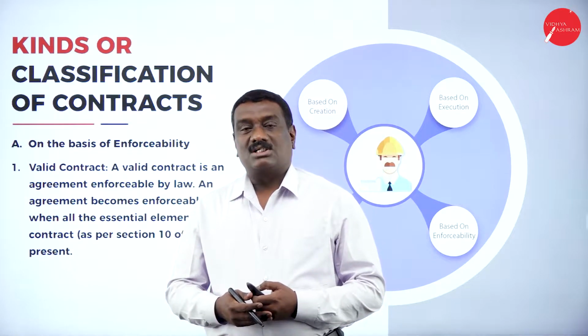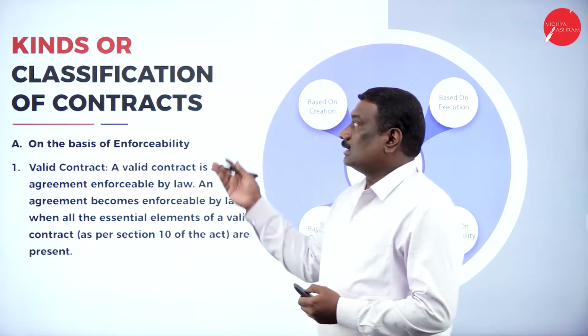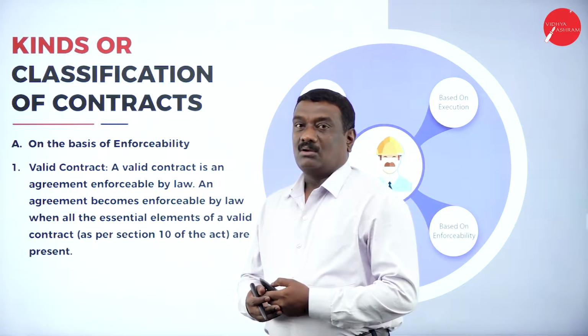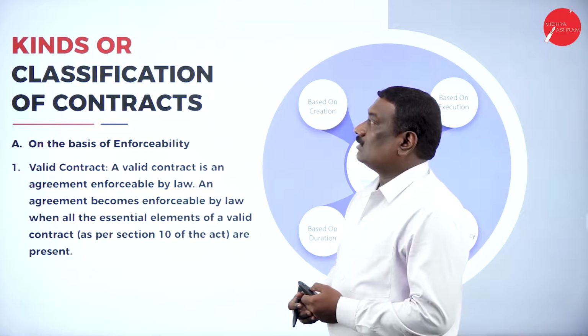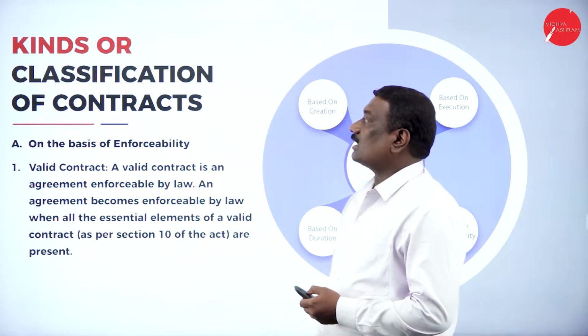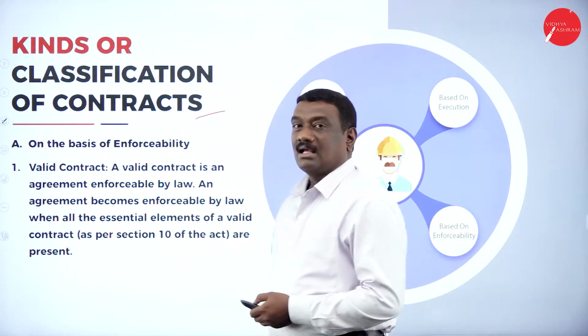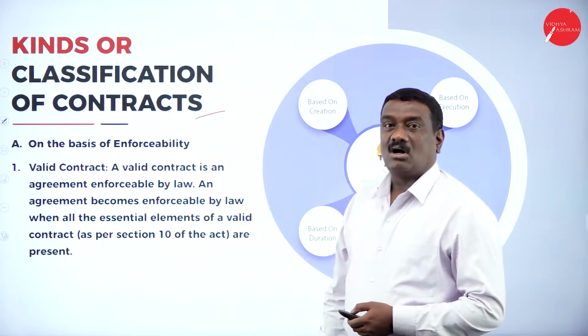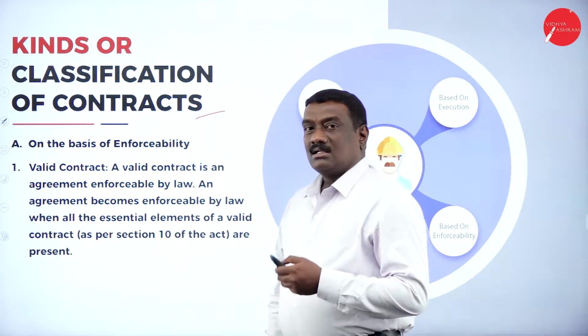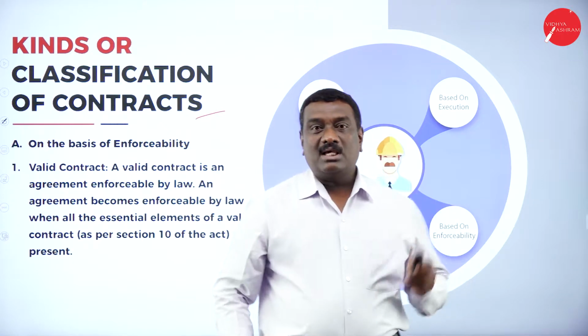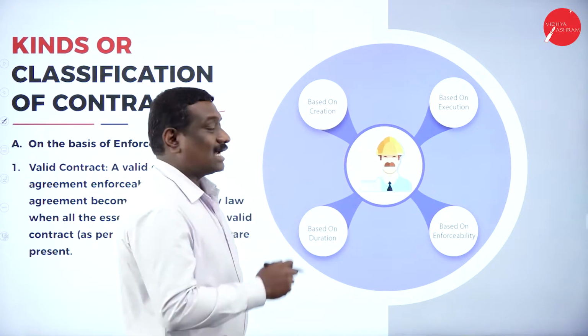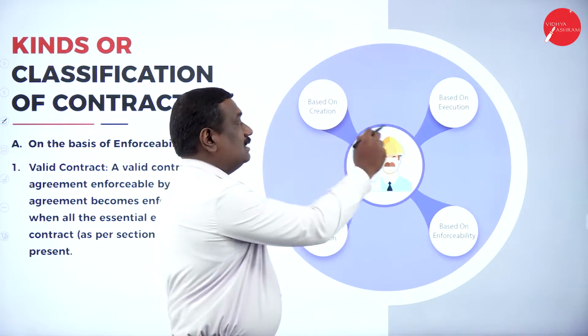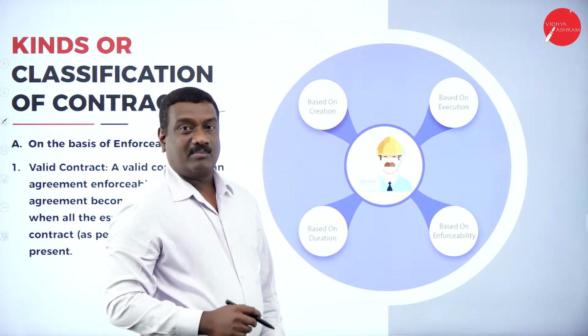So in today's session, we shall continue with the other topics, the kinds or classification of contracts. Students, you can see in the image here, the classification of contracts is based on 4 bases.